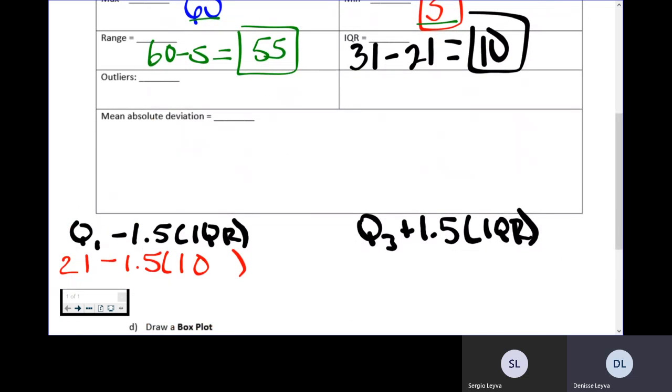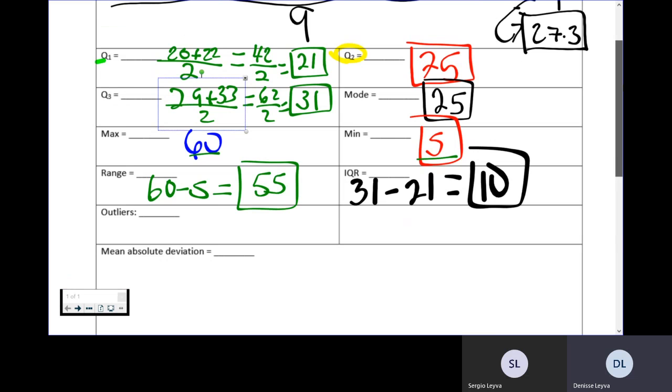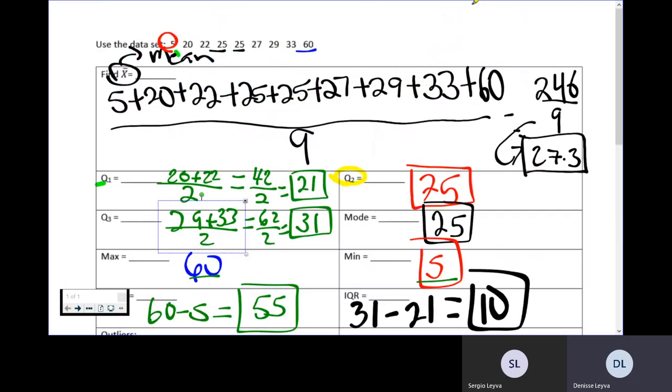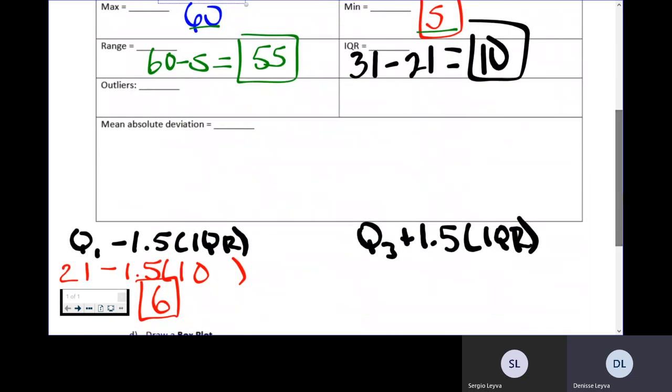So 10 goes here. If I plug that into my formula, I have 21 minus 1.5 times 10. That's going to give me 6. So any number below 6 is an outlier. In this case, this 5 right here is less than 6. So I have an outlier of 5.